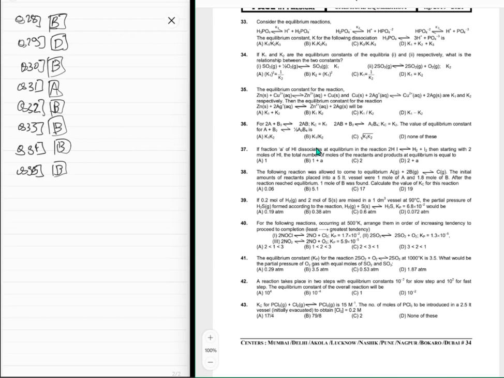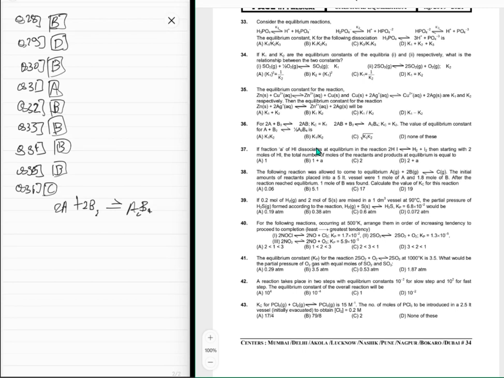You want to get rid of 2AB, and you also want a half B2. Just add both of these together. That would be 2A plus 2B2, and the 2AB gets cancelled, giving A2B4. So add both of these together and take half of that. So it will be the square root of K1 K2. So it's C.